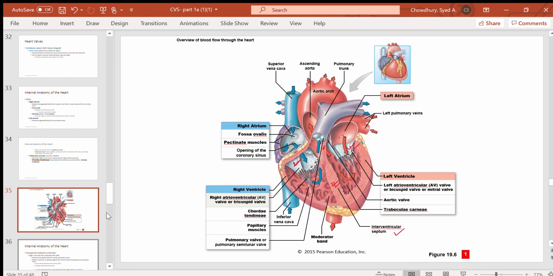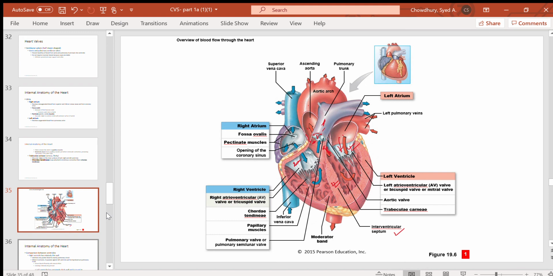You see both open downwards, and this is the pulmonary trunk, and near the beginning of the pulmonary trunk, pulmonary semilunar, and aortic semilunar you don't see here because it is just behind the aorta, so it should be somewhere under this.